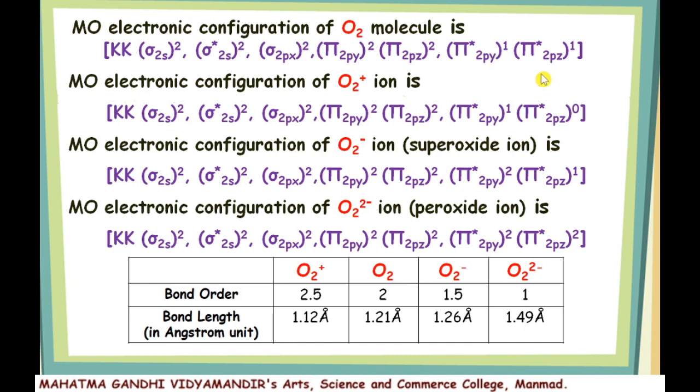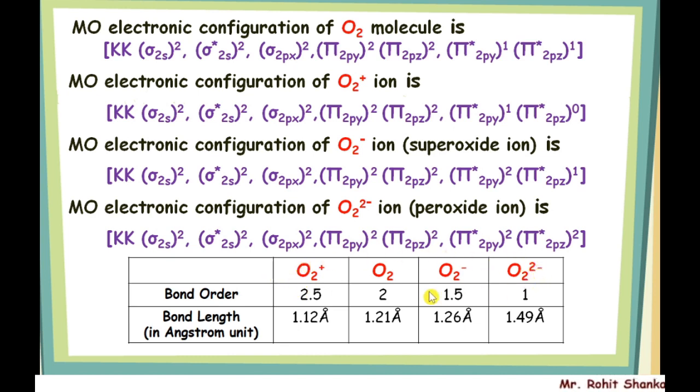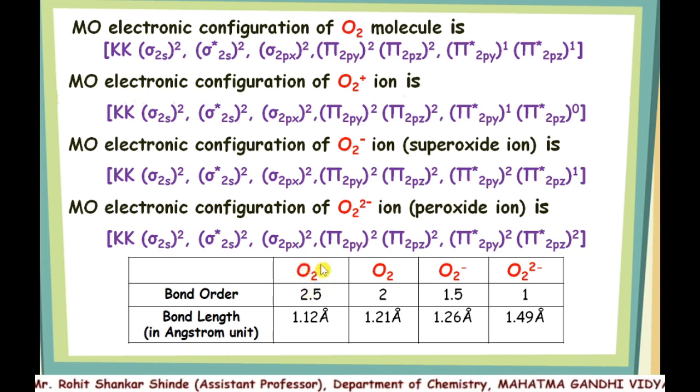This is the MO electronic configuration of O2 molecule. So O2 plus, O2, O2 minus and O2 2 minus are the diatomic species of oxygen. With change in the number of electrons in pi star molecular orbitals, the bond order and bond length both change.